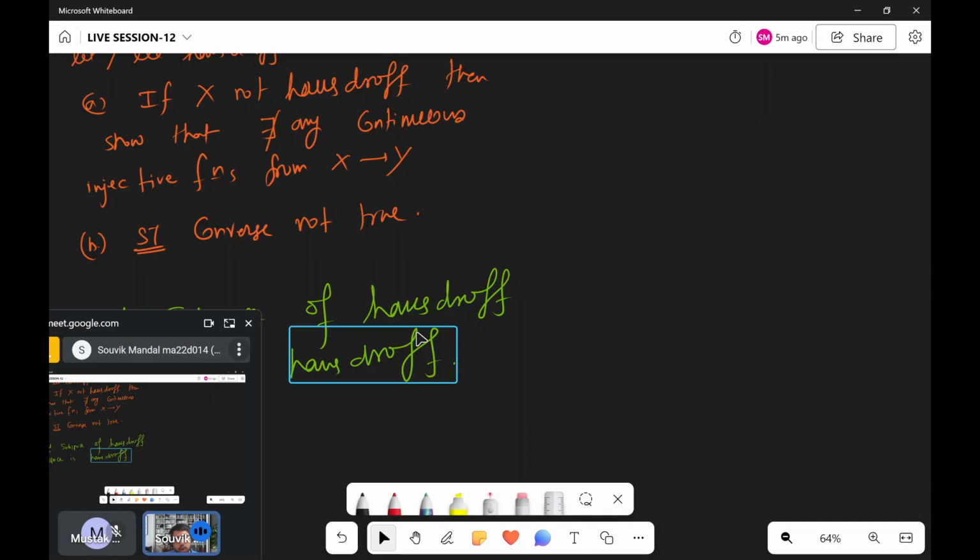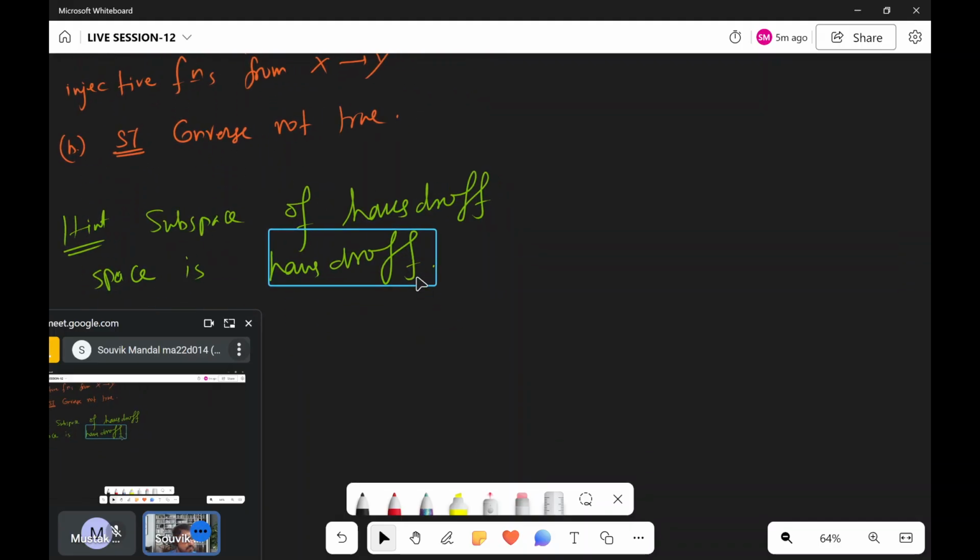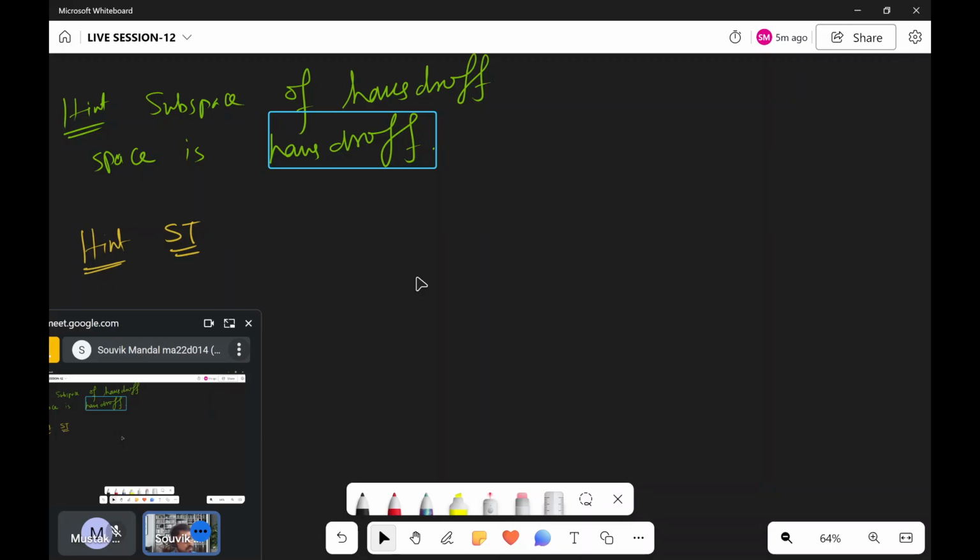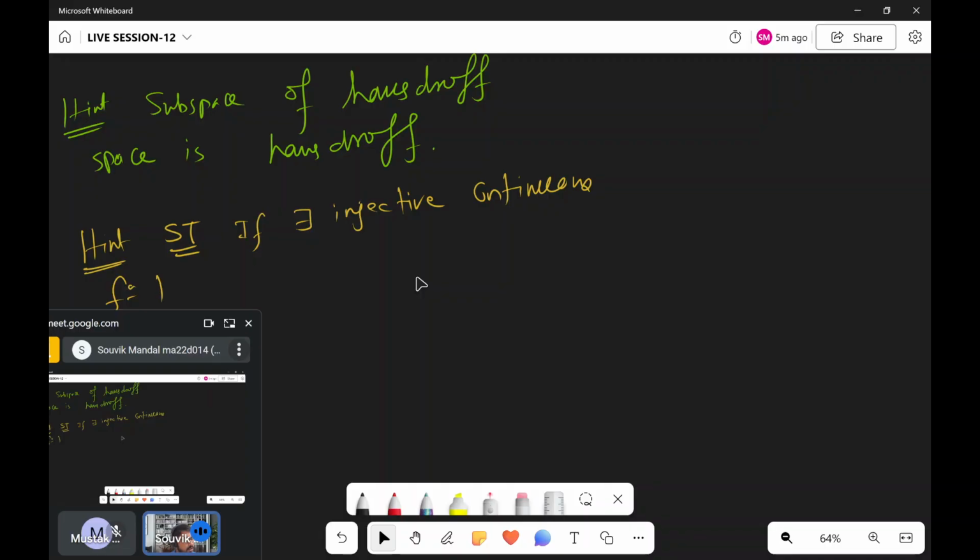So basically, what you need to show. The more hint I must give is: show that if there exists an injective continuous function f, then f(X) cannot be Hausdorff.